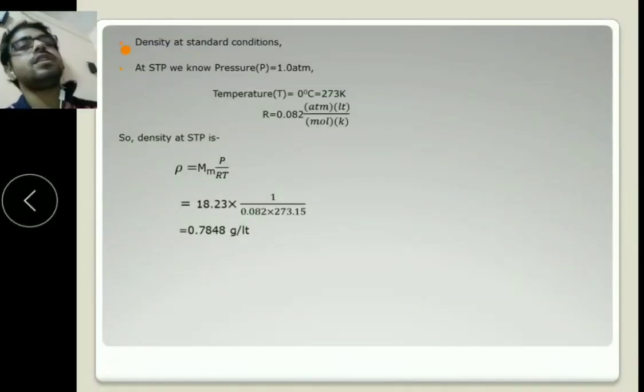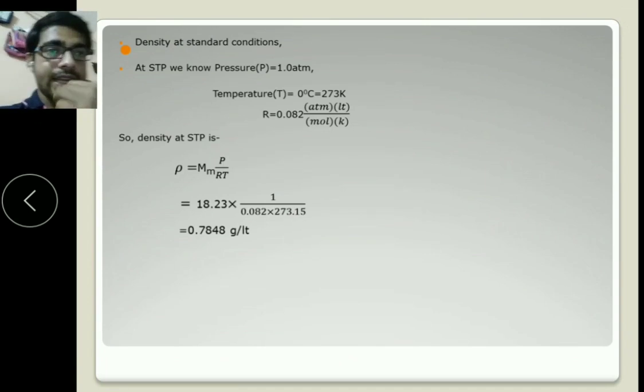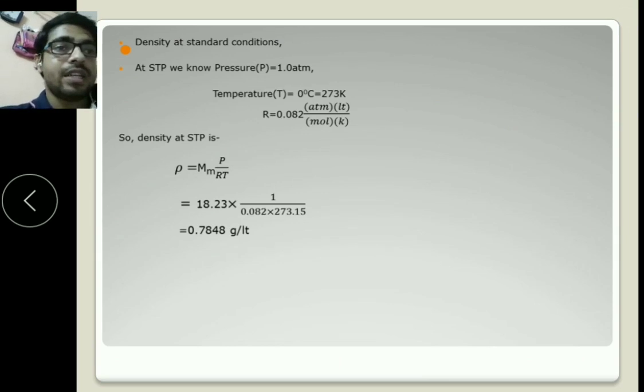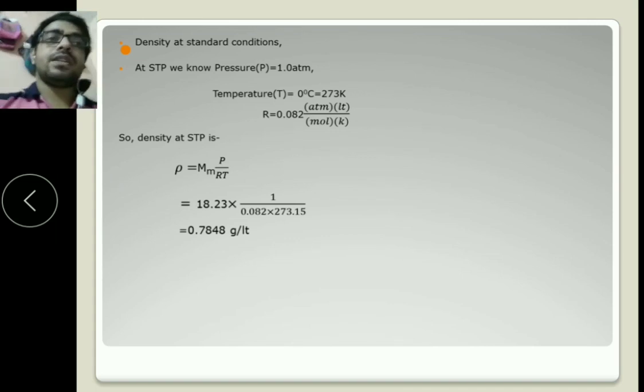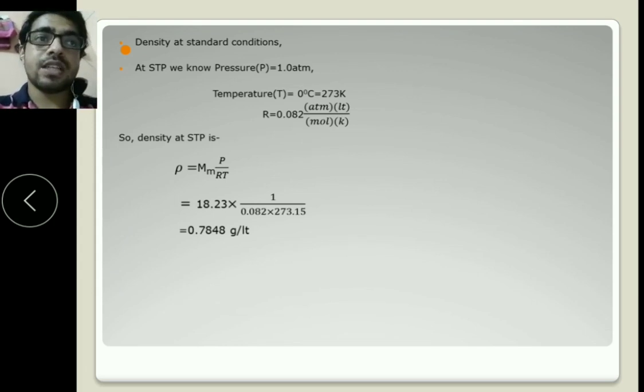Next is, what is the density at STP? STP means standard temperature and pressure. At STP the temperature is 0 degrees centigrade, which is 273.15 Kelvin, so I have taken 273 Kelvin. At STP the pressure is 1 atmosphere. You have to select R as per the units of pressure and temperature. As pressure is in atmospheres and temperature in Kelvin, I have taken R in atm liter per mole Kelvin.